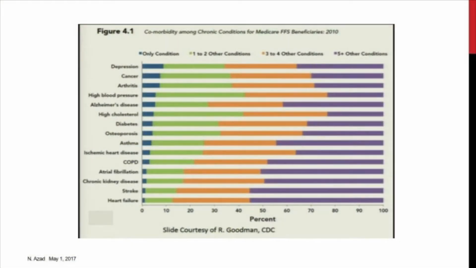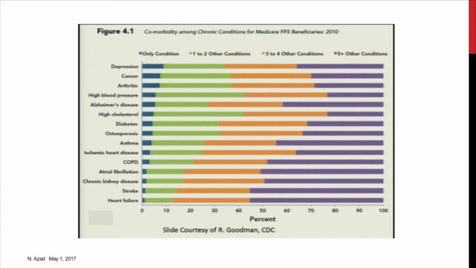What this slide shows is that, according to the index condition, you have different rates of chronic diseases. For instance, purple is more than 5 chronic conditions associated, let's say, with depression. When you go down the list, you see that progressively the number of chronic conditions increases.